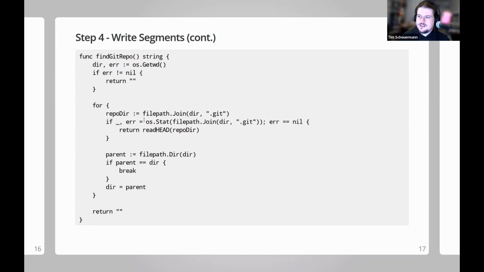So basically, we are just checking: is there a .git folder in the current directory? And if yes, we read the head file. If there isn't, we try to get to the parent of the current directory, and if the parent is the same as the current one, that's a property of filepath.dir, then we are in the root. Basically, we can't get much higher, so we break out and return an empty string.